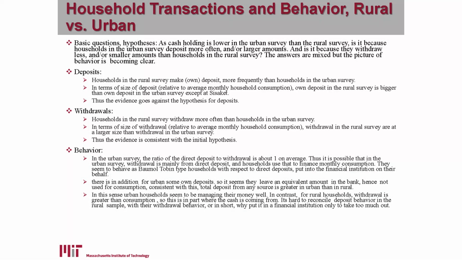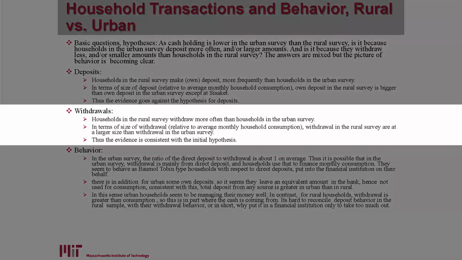So for deposits, it turns out households in the rural area deposit more and not less, and they deposit larger amounts. This is exactly the opposite of what we would have predicted because the cash is going into the bank or into the local money market. However, for withdrawals, it works the way we would have conjectured, that when urban households put money in the bank, they don't withdraw it very often, and they withdraw a lot less.